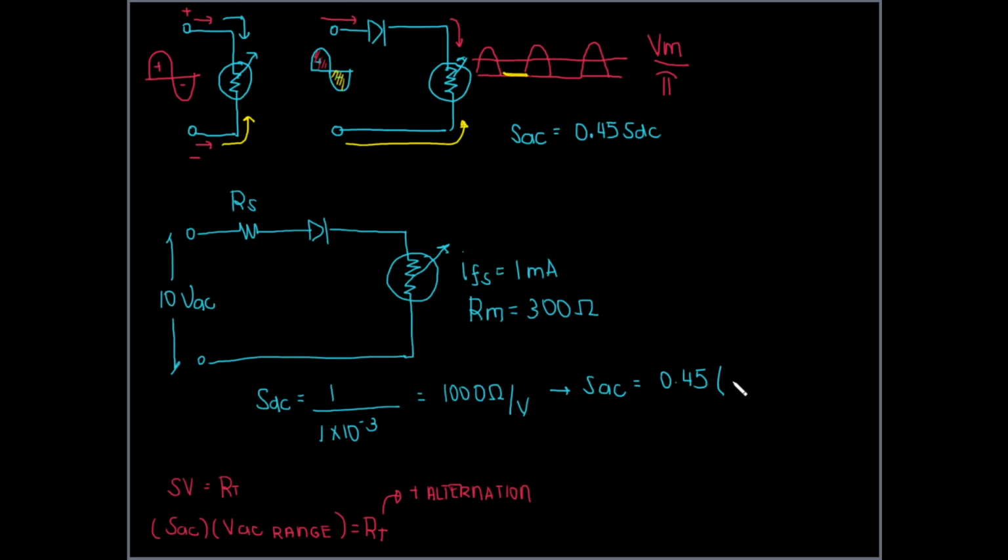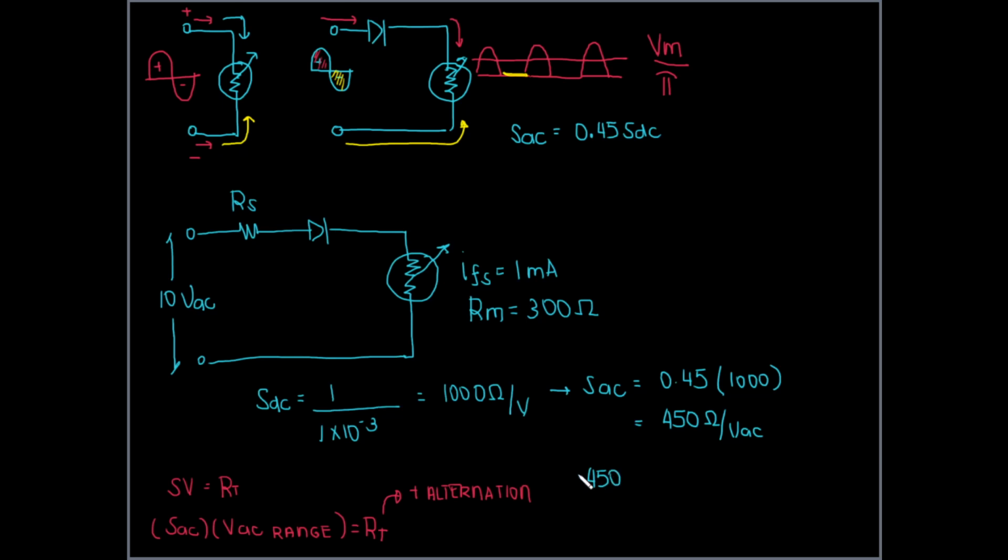So 45% of 1000, which is now equal to 450. Unit is still ohms per volt, but we have to emphasize that this is now volts in AC.